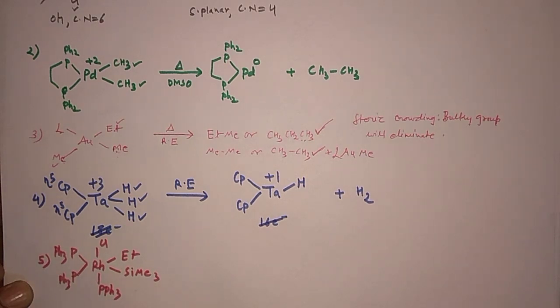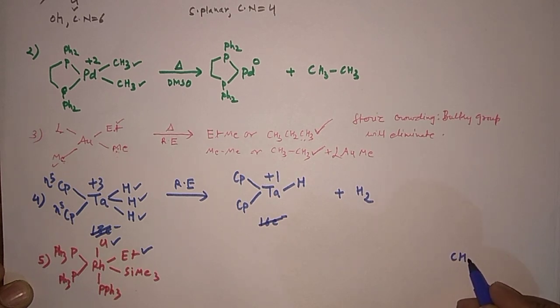Okay, now see, in all the cases you are eliminating the ligands which are cis to each other. So in that case you can find, see, this ethyl and this having the 90-degree relationship, so you can remove CH3CH2Cl.